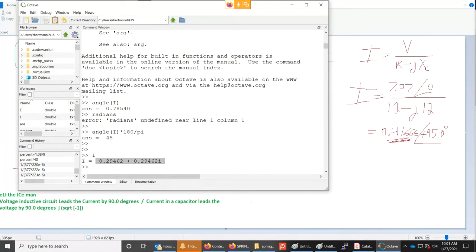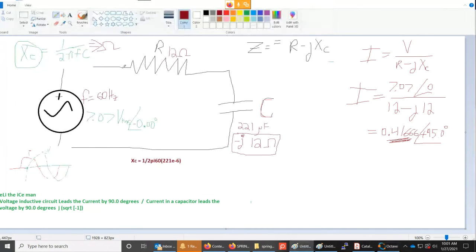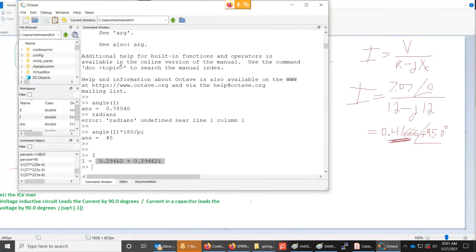This is a valid answer, but it doesn't really tell us what the magnitude is. Looking at this, it looks like the current is almost 0.3. Well, that's not quite true. It's 0.416 because it's just shifted by 45 degrees.